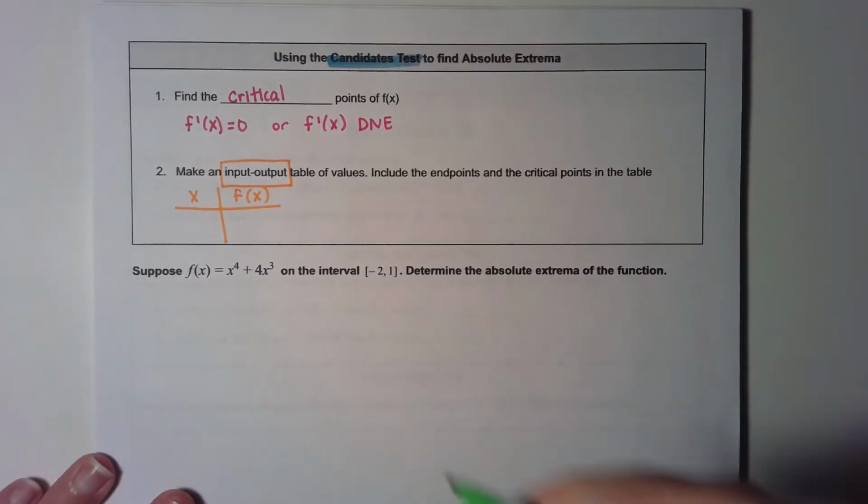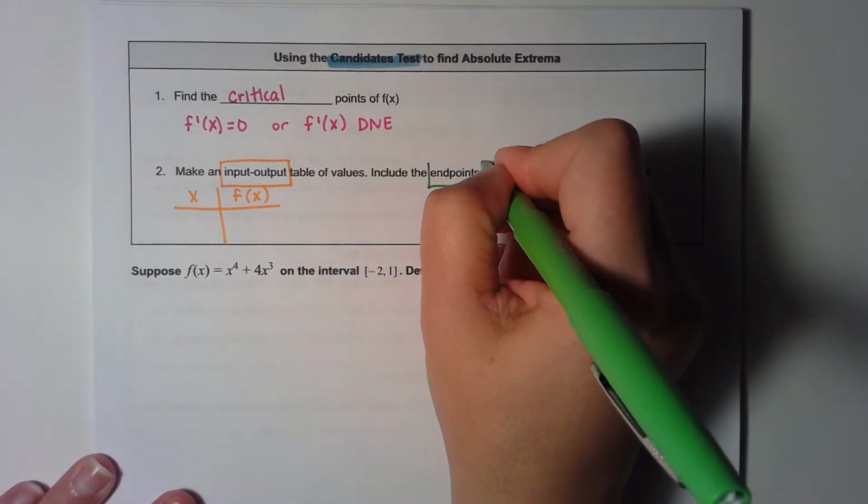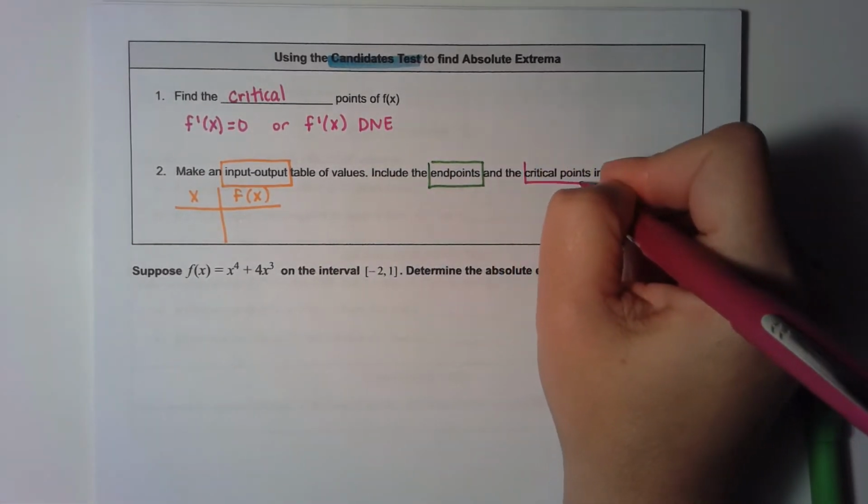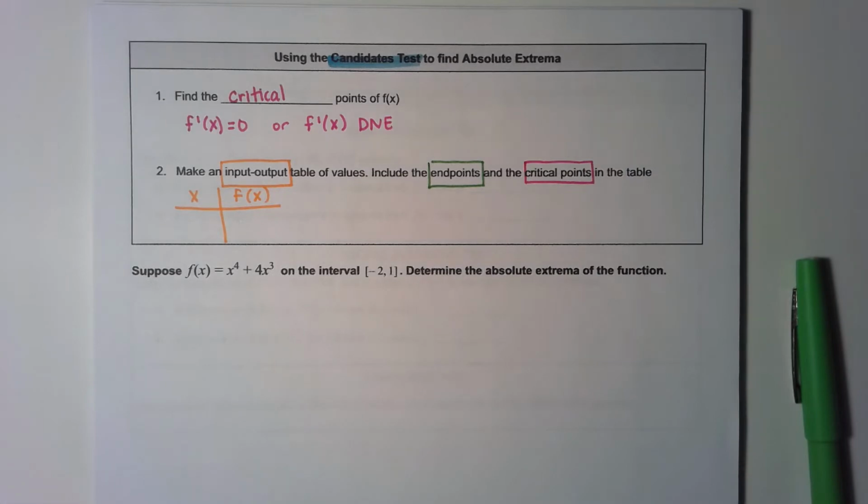If you think back to when you first learned how to graph, you made a table of values where there was x in this column and y in this column. We're going to make that table of values, including the endpoints of the interval that we're given, if there is an interval, as well as the critical points that we found in step number 1.